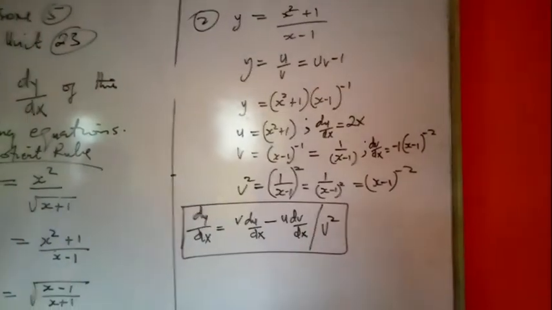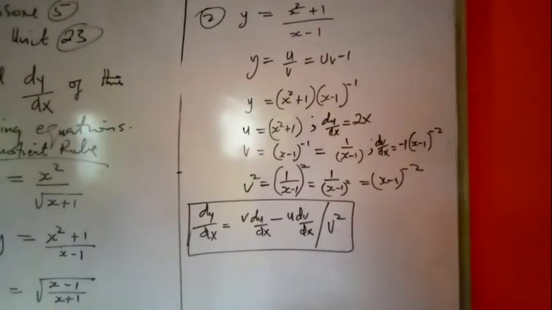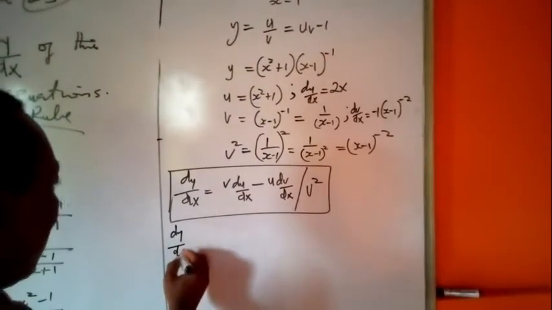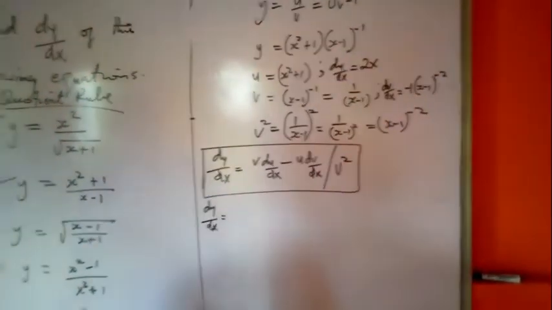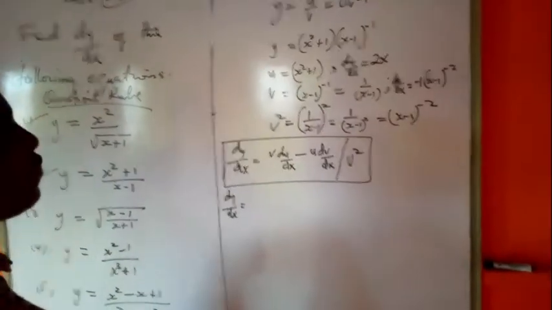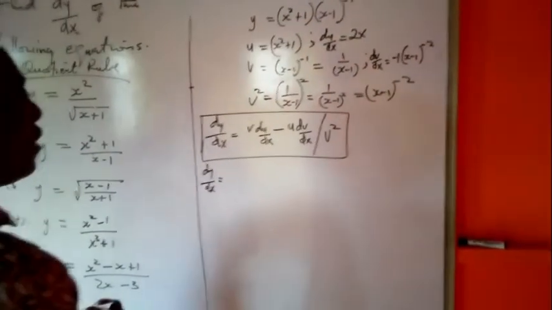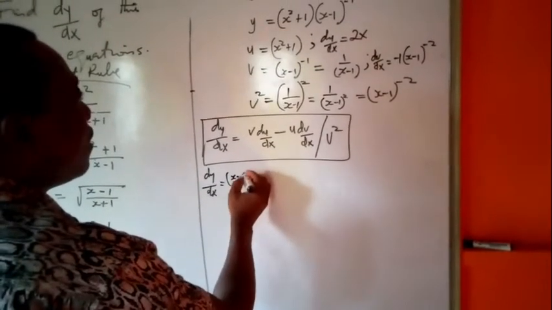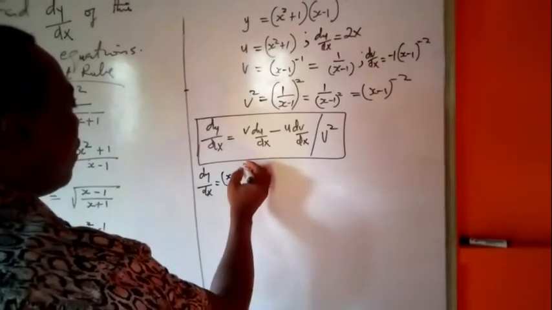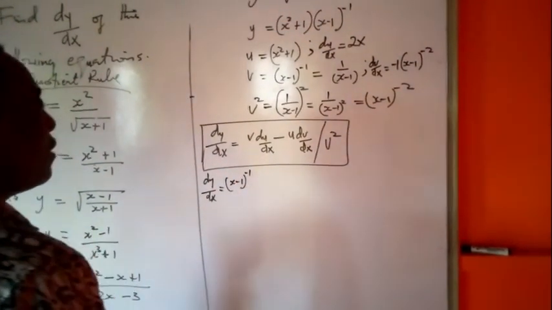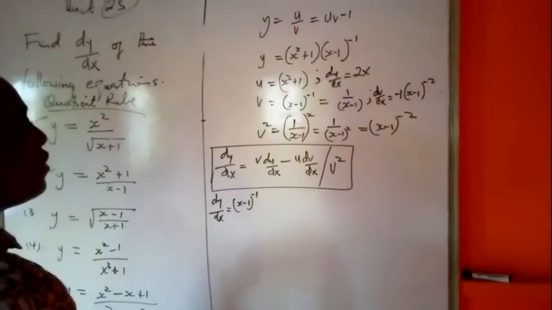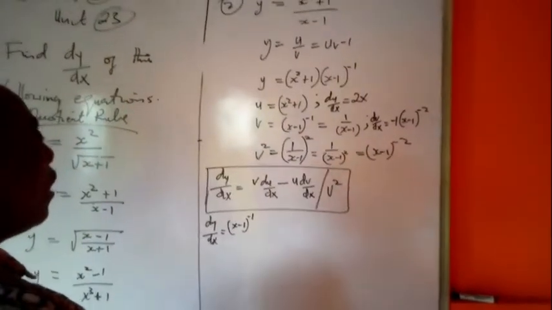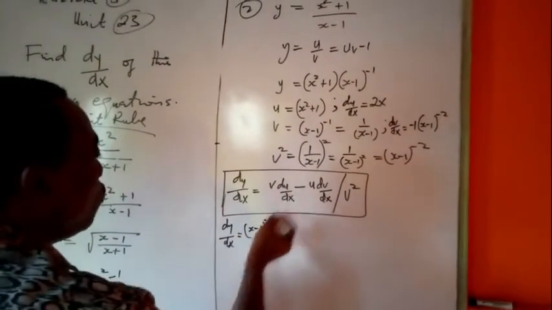So just substitution, and be very careful. So what do you do? Your dy dx is equal to v. What is your v? Your v is simply x minus 1 raised to power minus 1. That is your v. What is your du dx?